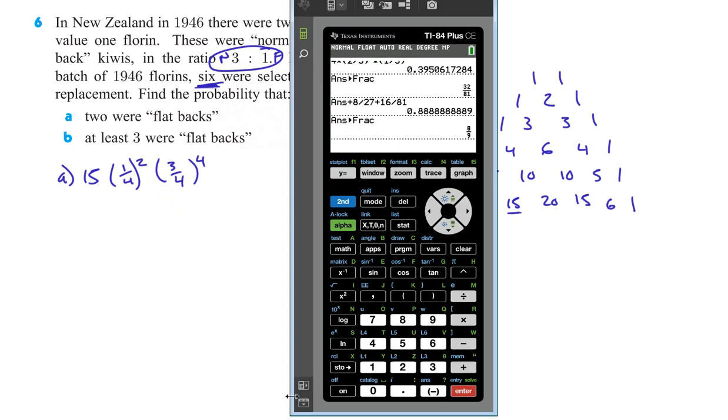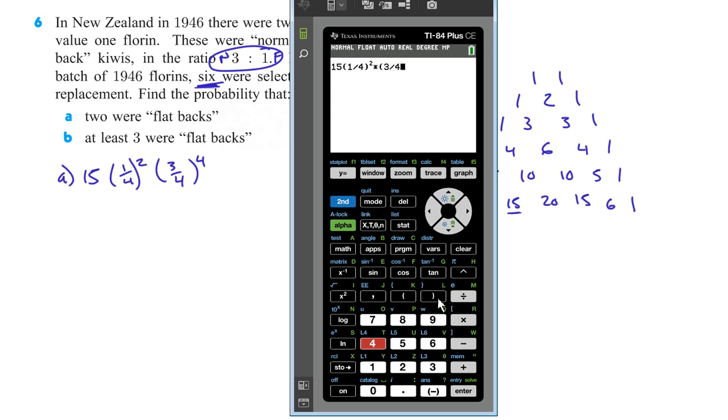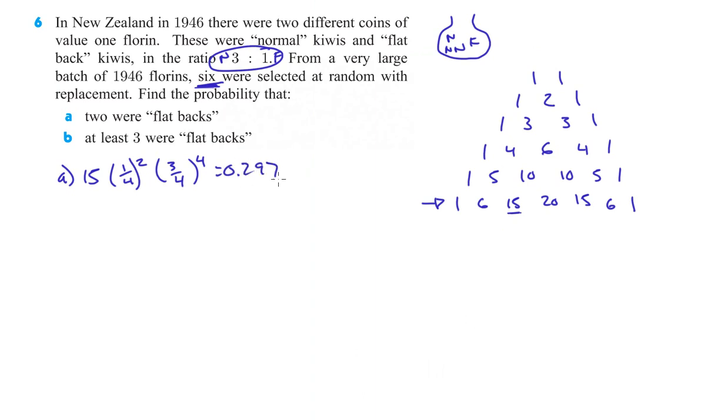So now we can calculate: 15 times 1/4 to the second times 3/4 to the fourth. And that gives us 0.297, so 29.7% of the time.